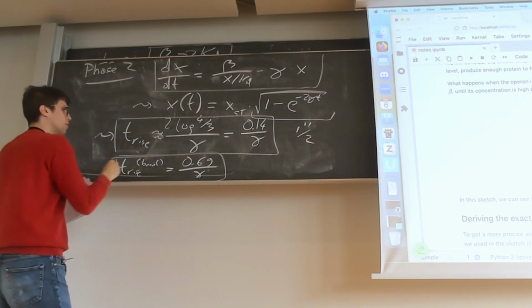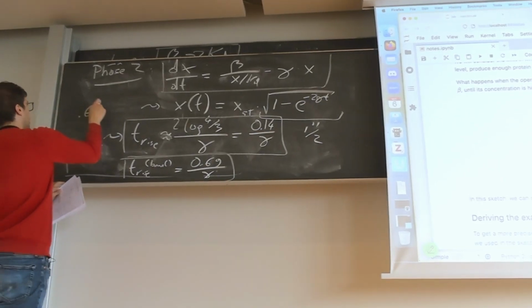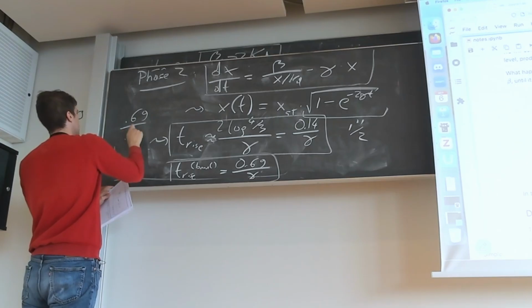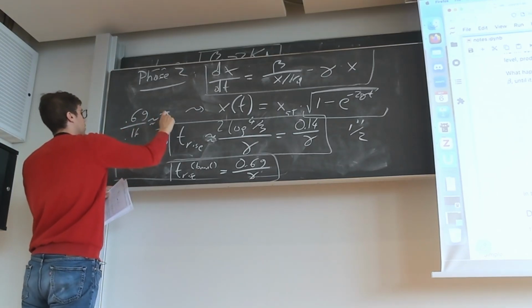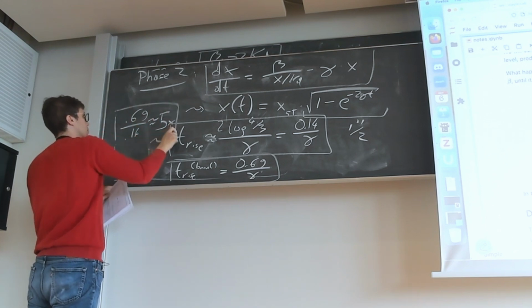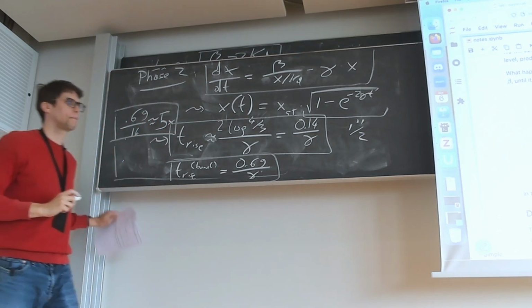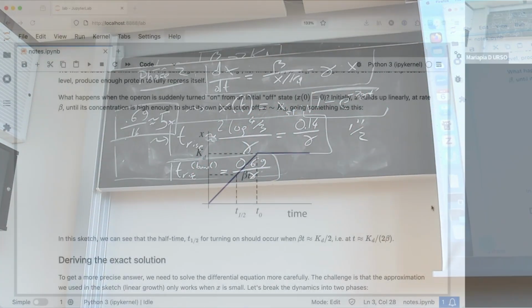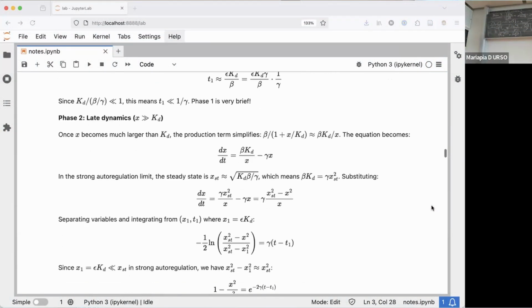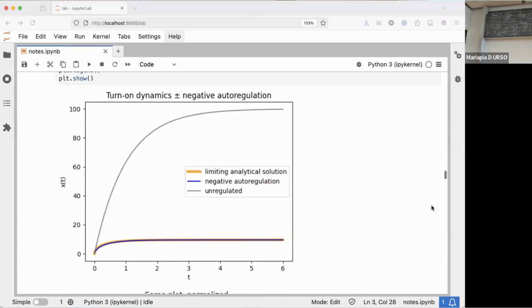So we're in the same order, but we are like 0.6 over 0.14, which is around 5 times quicker in the regulated system. Okay. You can see that. We did approximations here, but you can see this if you numerically integrate. You can see this in graphs.